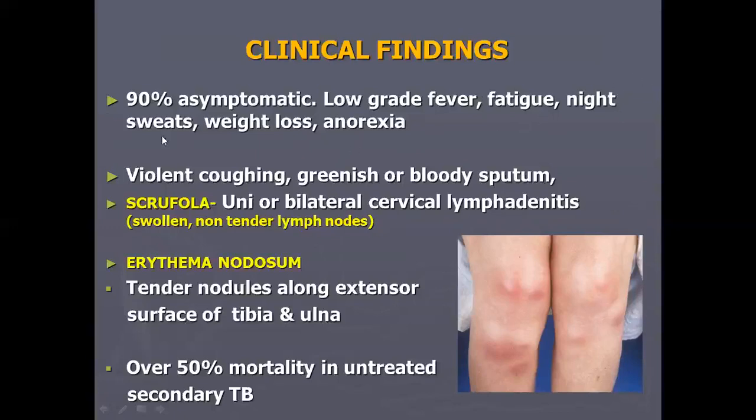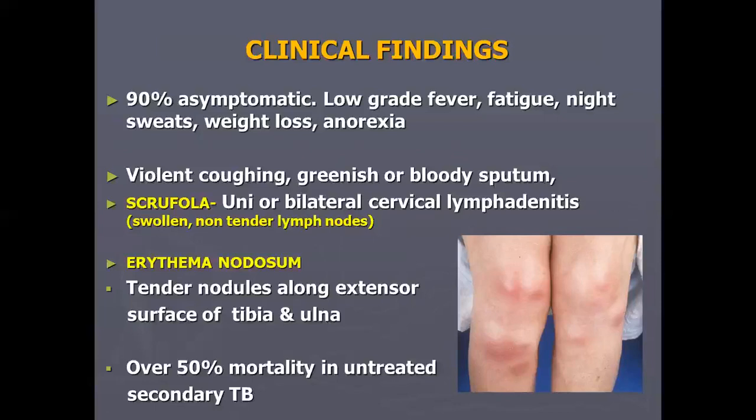These are general considerations. Then, in the later stage, when the focus has developed, there is violent coughing, and there is greenish or bloody sputum, depending upon the penetration of the tissue by the bacilli. Now, there may be a specialized lesion we call scrofula. Scrofula is a unilateral or bilateral cervical lymphadenitis.